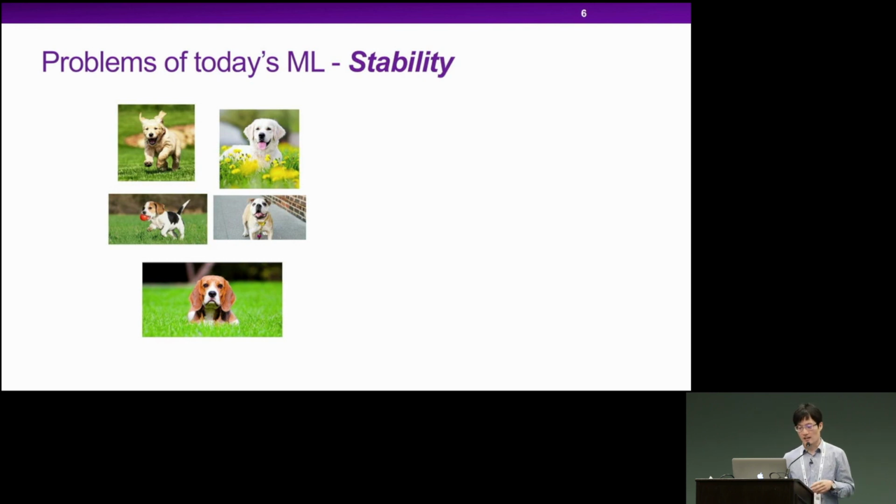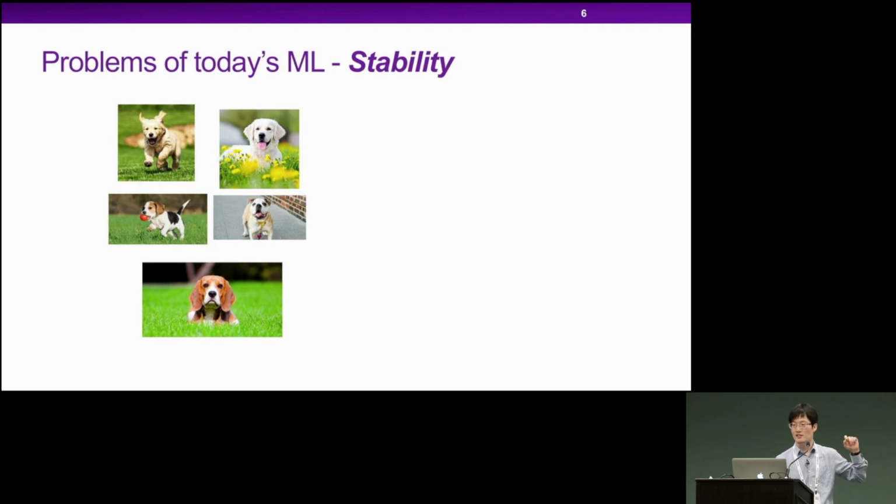One is dog classification. We try to teach an algorithm to learn to recognize a dog. This is the training data. In the training data, you can observe a characteristic of the training distribution, that most of the dogs are on the grass.